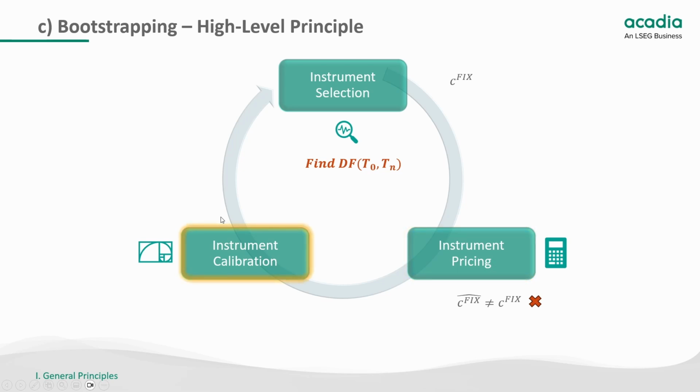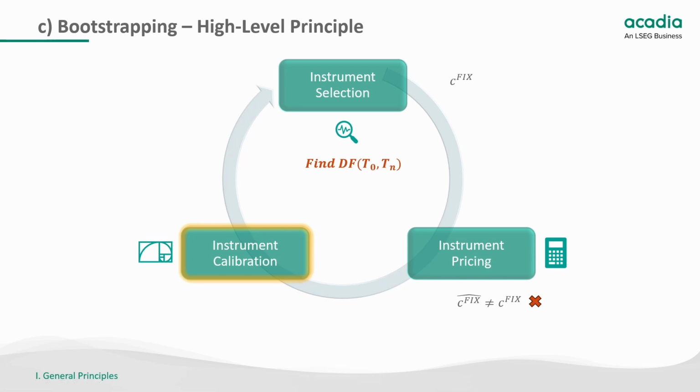And why do we want this value to match? Because we work in an arbitrage-free world, which means that the instrument that we are calibrating should have exactly the same implied swap rate as the market swap rate. Put differently, the aim of this step is to find the discount factor implied by the market quote. It is sometimes possible to use analytical formulas to find the discount factor, and we will see how to do that as well.